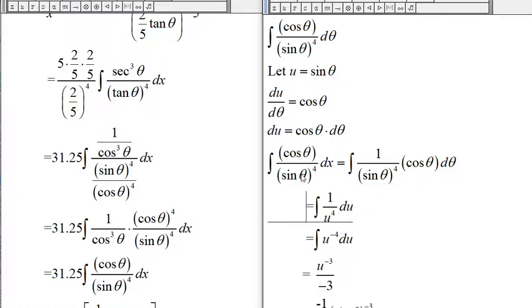So this becomes 1 over sine to the 4th times cosine theta d theta. But we let u be sine of theta, so this will be 1 over u to the 4th. Cosine theta d theta is just du.